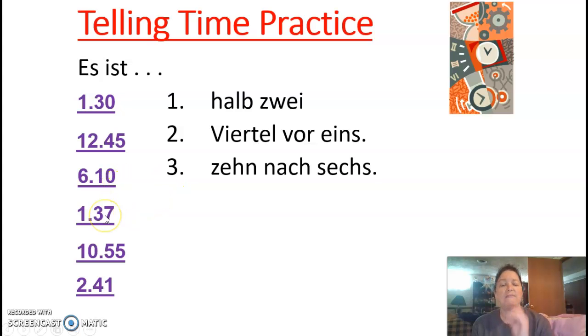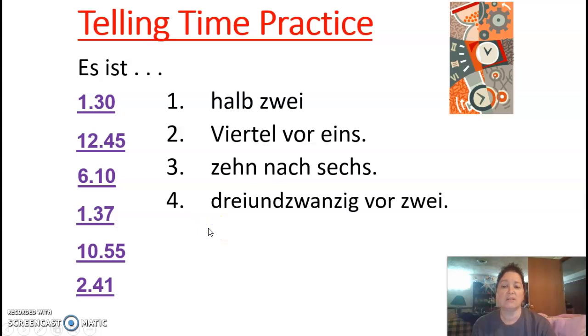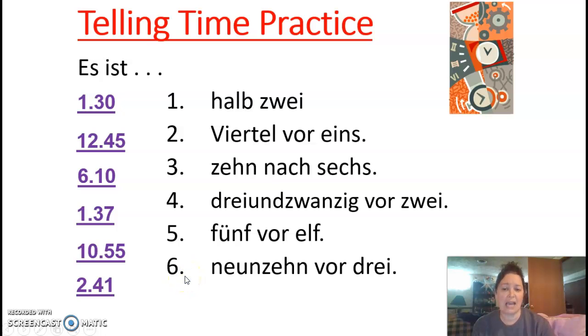If it's 1:37, then you got to think, okay, that's 23 minutes till 2. Es ist 23 vor 2. 10:55 is only 5 minutes till 11. So es ist 5 vor 11. And 2:41 is 19 minutes till 3. Es ist 19 vor 3.